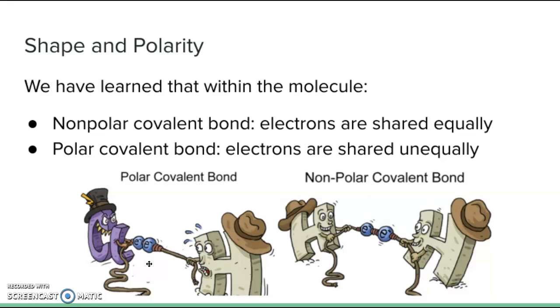In a polar covalent bond, electrons are shared unequally, so I have a large electronegativity difference between my two elements, and that makes the bonds themselves polar or nonpolar. So within the molecule, I can have polar and nonpolar bonds.